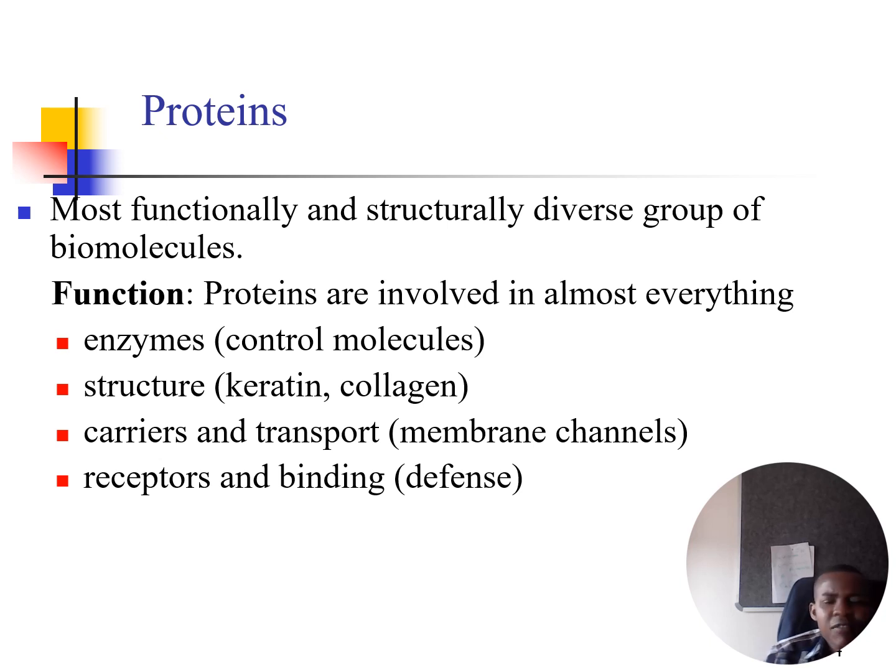So the functions of proteins are so diverse because they are major in the body. There are a lot of proteins in the body, ranging from enzymes and muscles to carrier proteins, and also from receptors and binding sites.